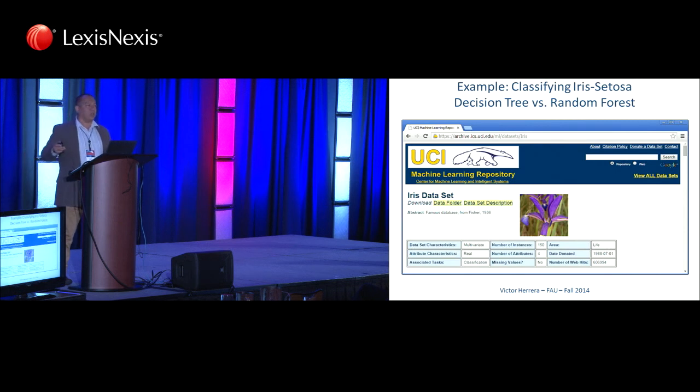So now I'm going to talk about a very simple example to demonstrate how the classification works. I took a very commonly used data set from machine learning. It is called iris. It is a flower. It is based on 4 attributes, all measured, and all the numbers are reals.